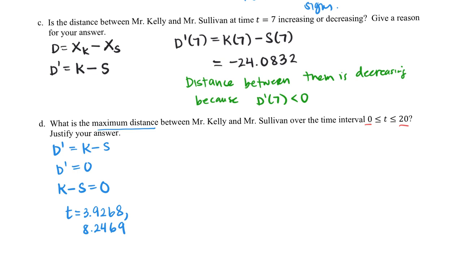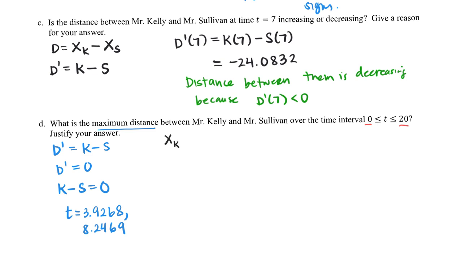Now I actually do need the equation for the distance between them. On the previous problem, I said the distance was Mr. Kelly's position minus Mr. Sullivan's position, but I didn't actually define them, so let me define them real quick.